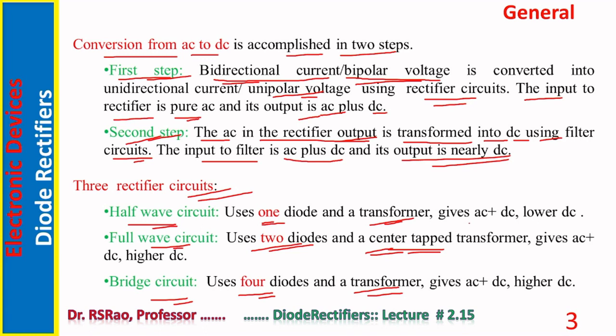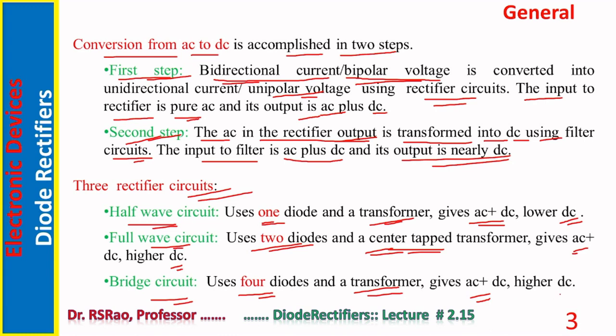They give AC plus DC. Full wave circuit also, output is AC plus DC. Bridge circuit also, it is AC plus DC that exists at the output terminals. But in half wave circuit, DC is low. In full wave circuit, DC is high.